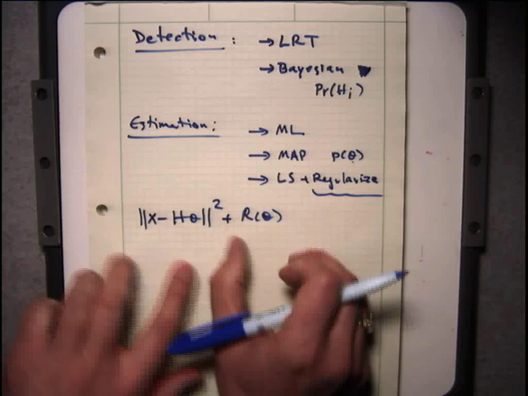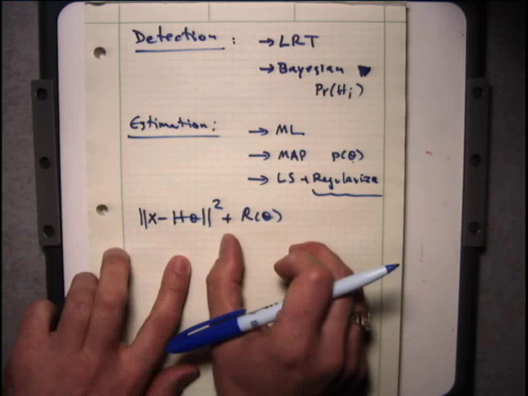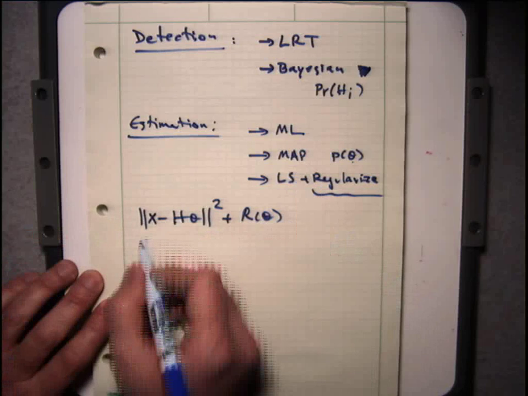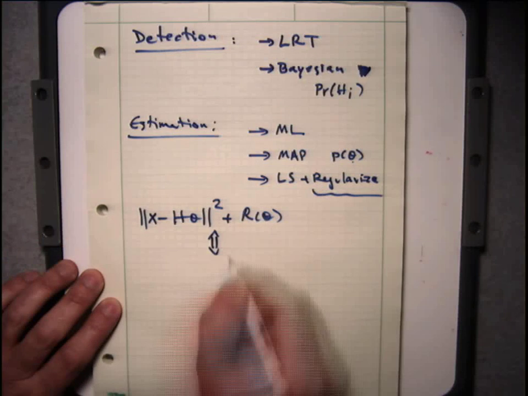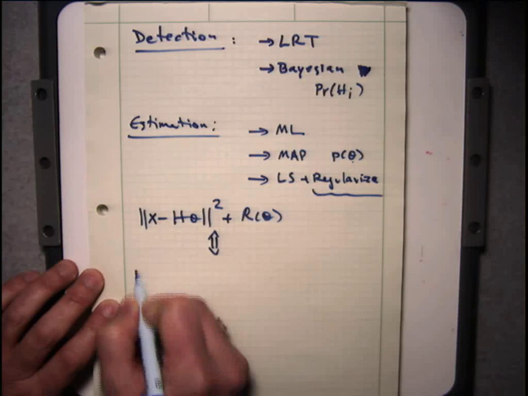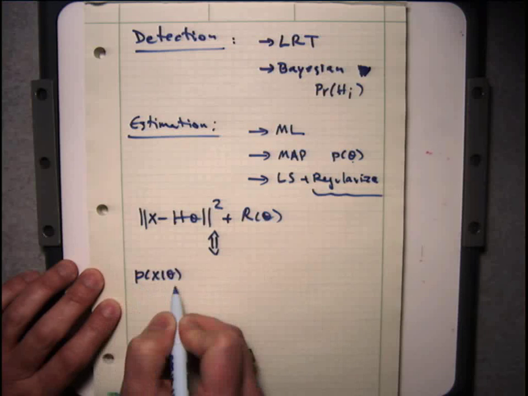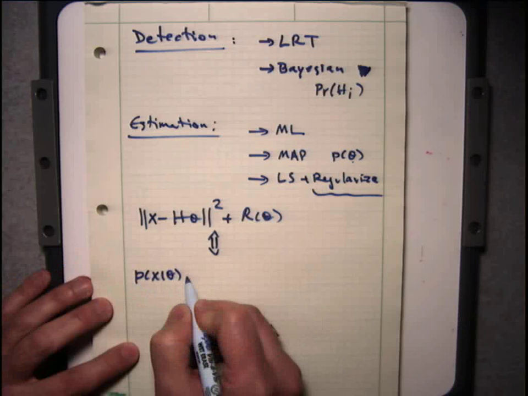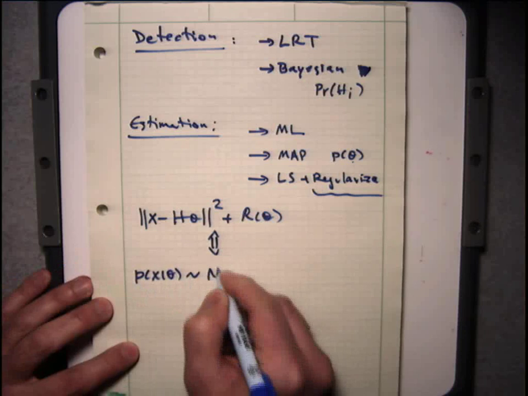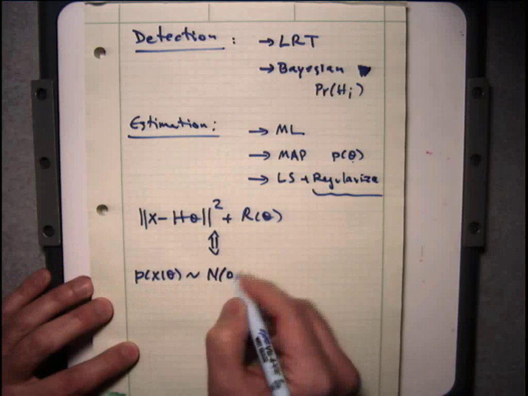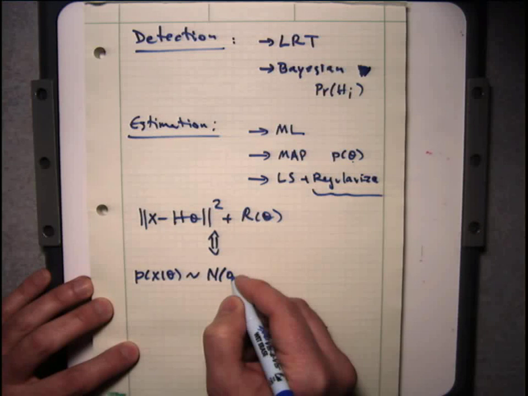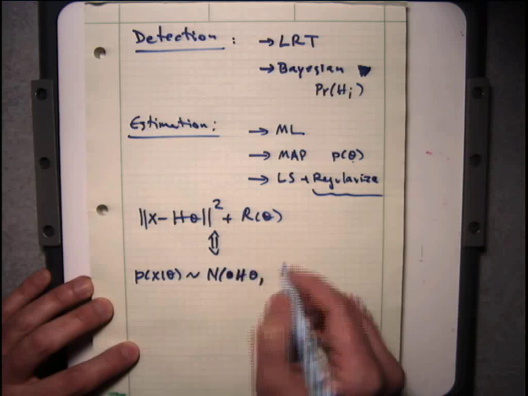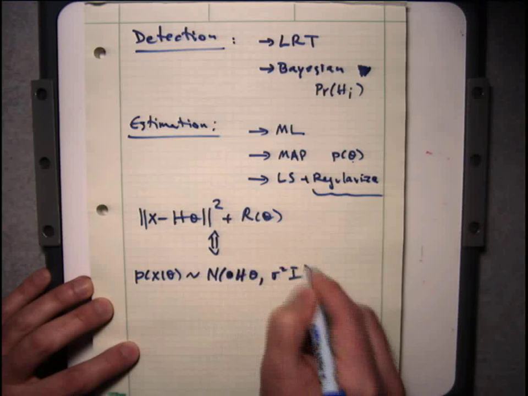Okay? So if you look at this in the context of MAP, you can also think of this equivalently like this. I can write P of x given theta as a Gaussian. So this would be, let's say, a normal with mean h theta and let's say covariance sigma squared identity.